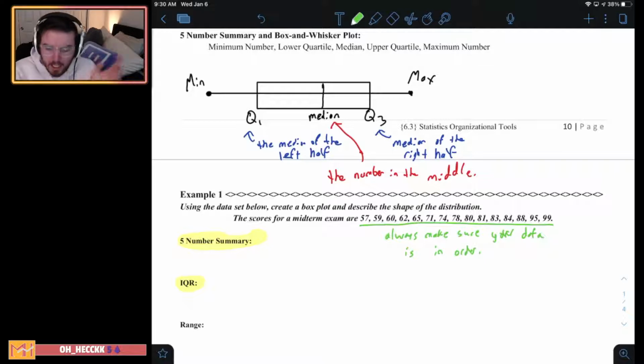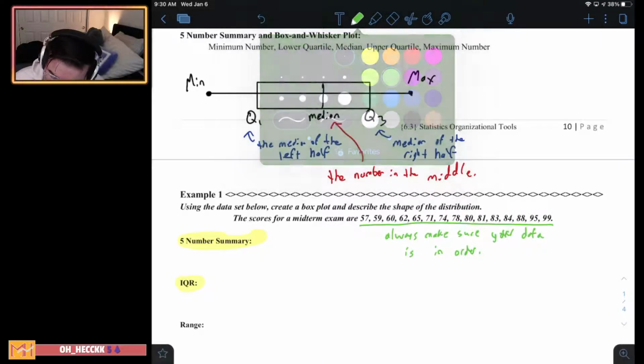You don't want random numbers scattered around. All of these numbers only make sense if you've organized your data from smallest to biggest. So that is already pre-done for us, of course. That would take way too long. But just in general, so that you know, that's an important thing to catch.